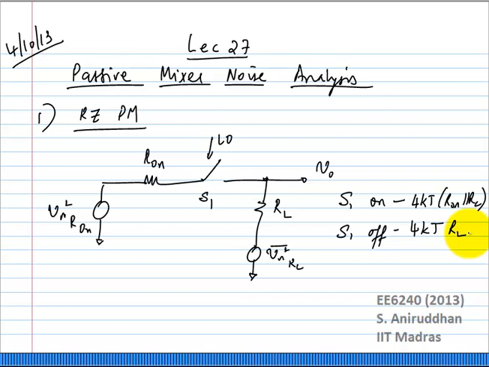So the output noise squared on the average will be 2 kT times RL plus R on parallel RL. So this is approximately the average of the two.